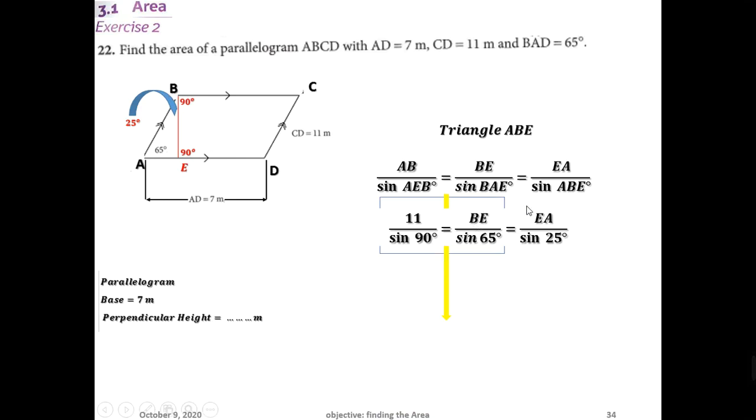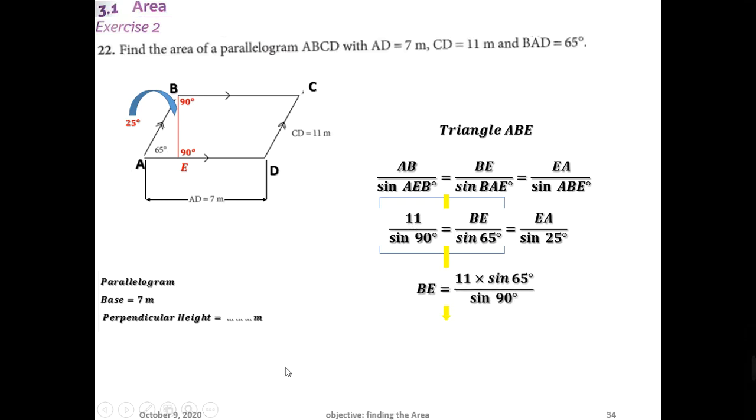So you're going to write BE is my unknown. BE is equal to a fraction. What is BE multiplied by? It's multiplied by sine of 90, so sine of 90 is my denominator, and the other two numbers, 11 and sine of 65, go up, multiplied by each other.